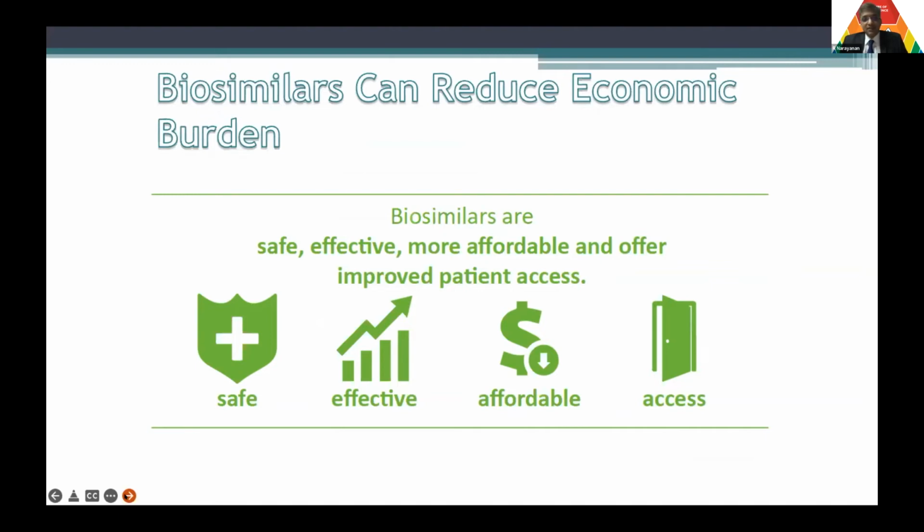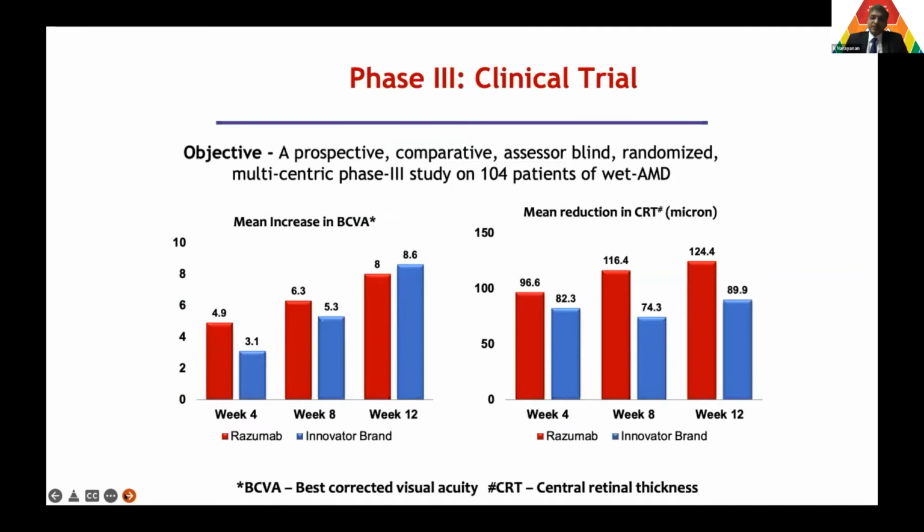The main pivotal trial for the first ranibizumab biosimilar, which is called Razumab, was the Re-enact study, and in their phase 3 clinical trial on wet ARMD, they found that Razumab, which is the biosimilar, had improvement of vision of 8 letters compared to week 12, which was 8.6 for the Lucentis, which is the original innovator molecule.